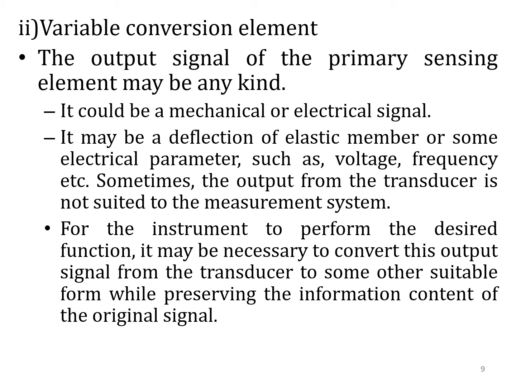For the instrument to perform the desired function, it may be necessary to convert this output signal from the transducer to some other suitable form while preserving the information content of the original signal.